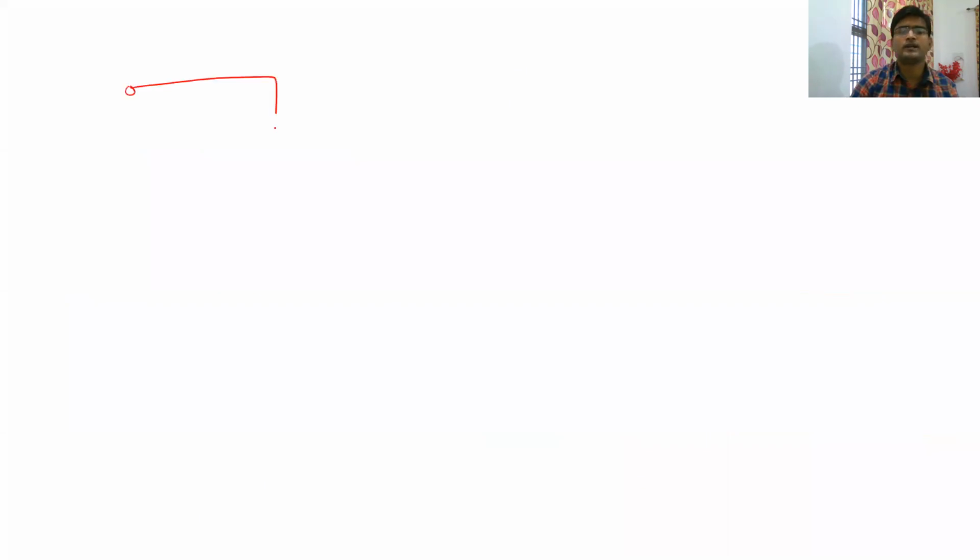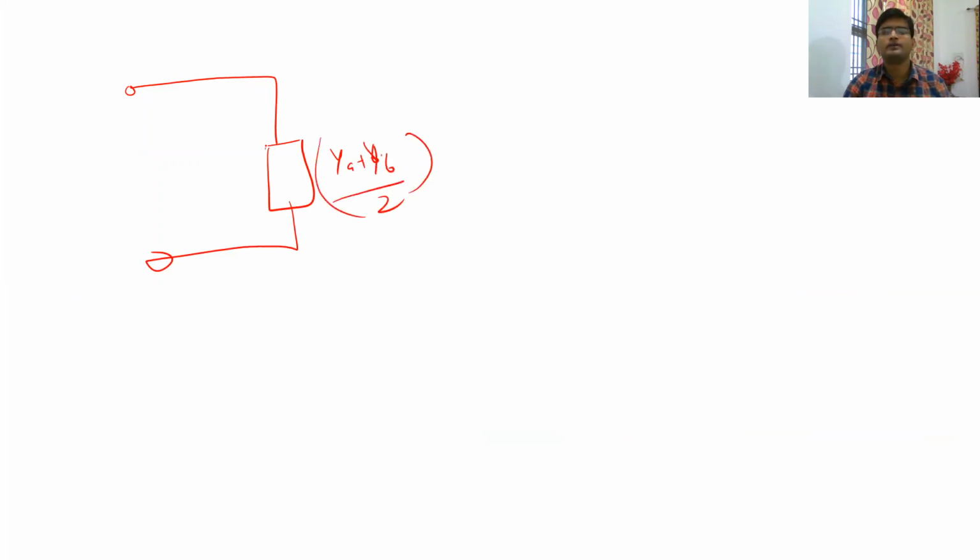So what you are going to get is YA plus YB divided by 2. The series combination of two admittances is going to be like a parallel combination of two impedances. So this is your V1 and this is your I1.